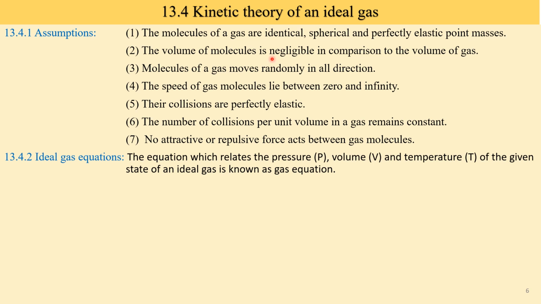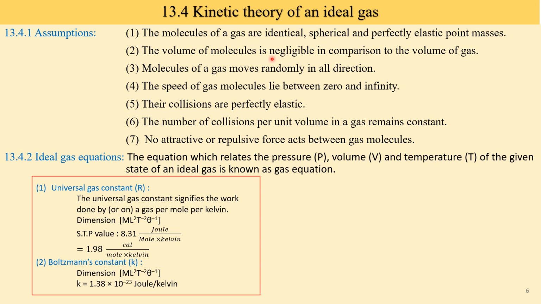Now we will take up ideal gas equations. The equations which relate pressure P, volume V, and temperature T of the given state of an ideal gas are known as gas equations. Now we will define some constants.